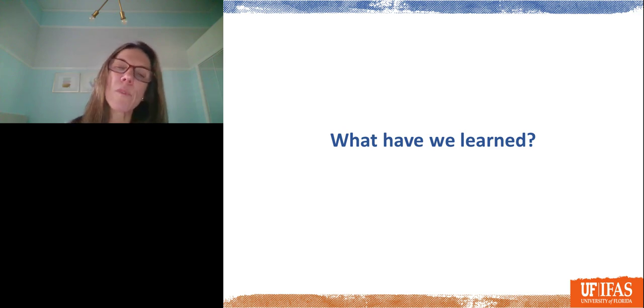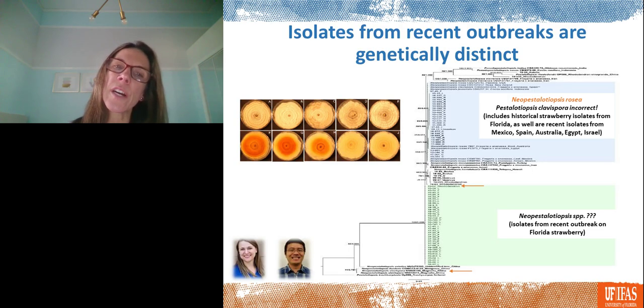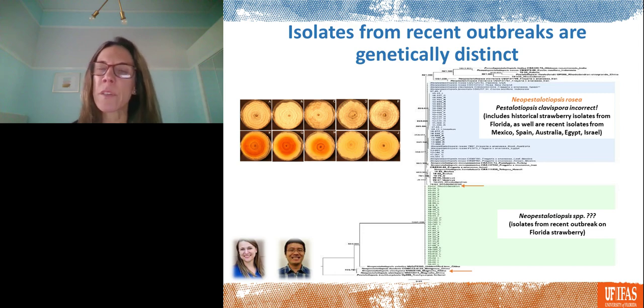So what we have learned so far is that we have confirmed what we suspected: this Neopestalotiopsis, the species that we see now that's affecting Florida fields, is distinct from what had been reported before.